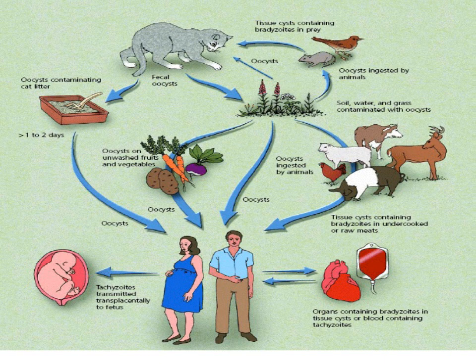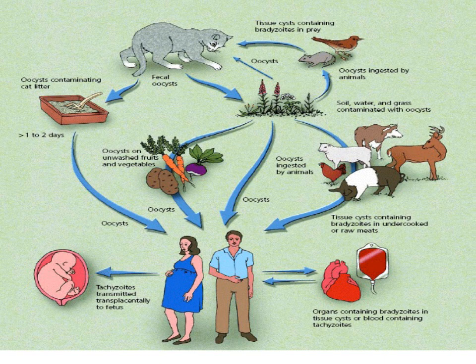Toxoplasma can be transmitted to the human by a direct way, by handling cat litter contaminated with cat feces containing oocysts.